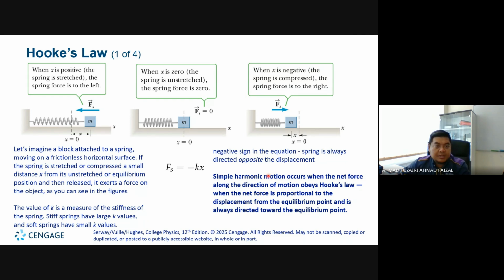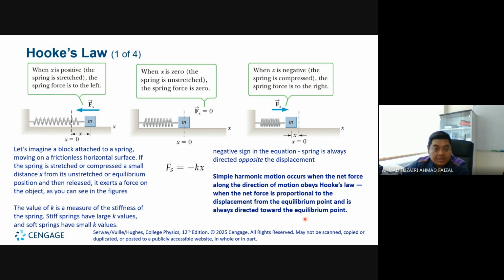In 1678, Robert Hooke, the name Hooke's law came from this person, performed experiments using springs and found that the spring force obeys the equation shown: F equals negative kx.